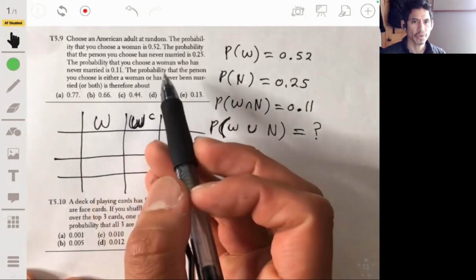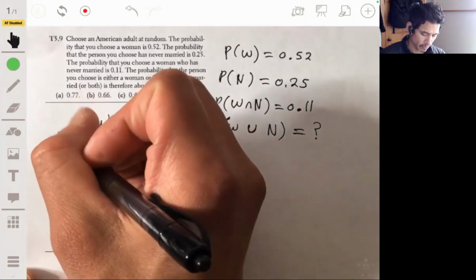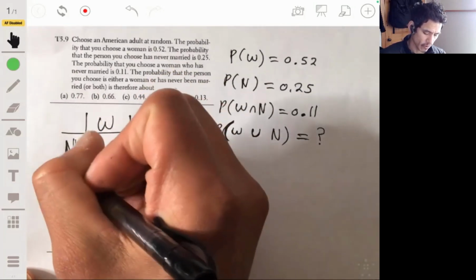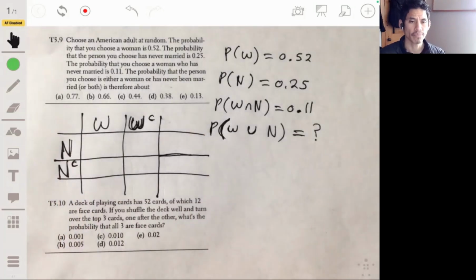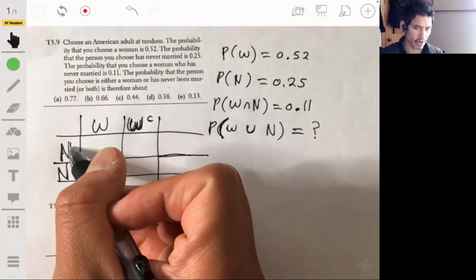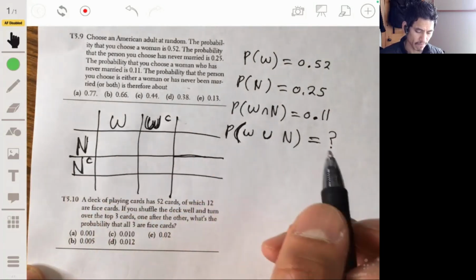And on the side, we'll say never being married, or N complement. Again, we don't care about the details of what the other possibilities are. We just care about it being not never married, which is kind of confusing. That's why I just go with N complement.